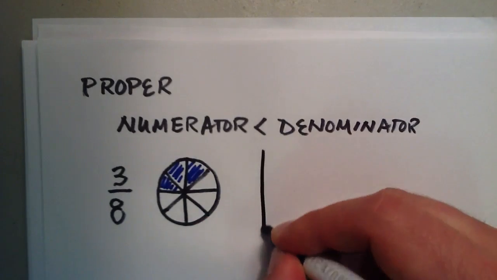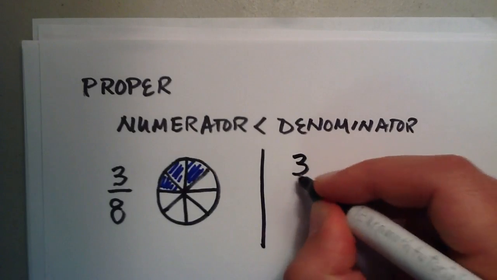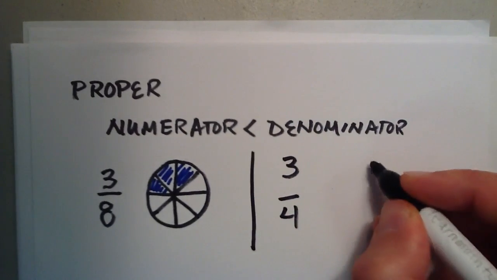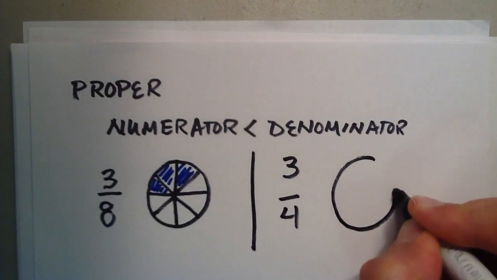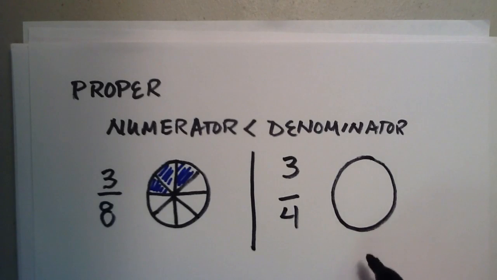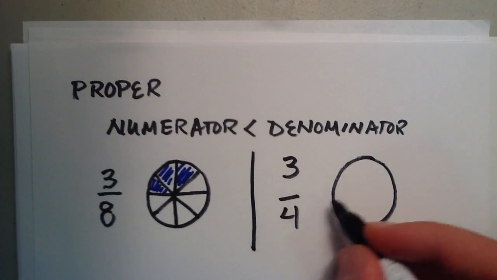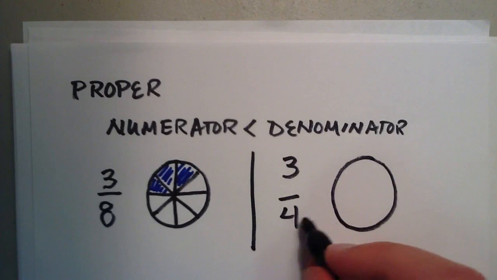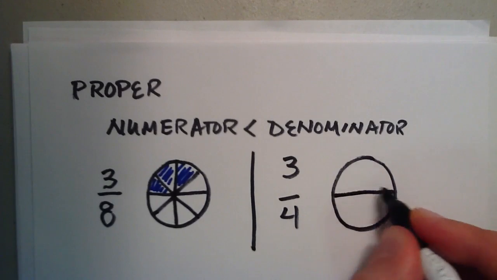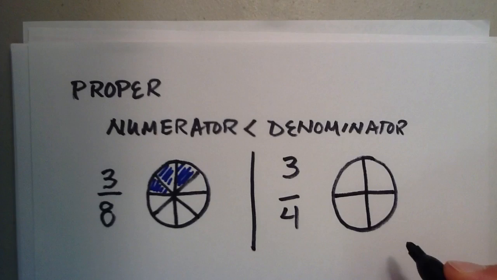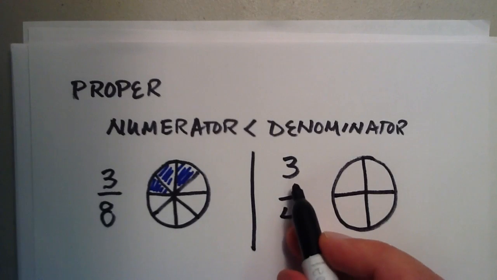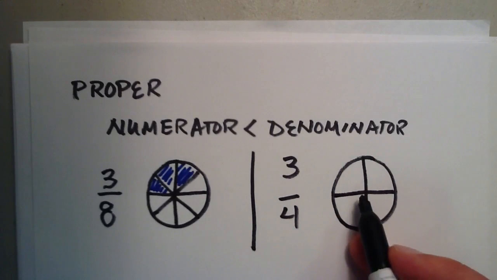So let's look at a different one. Let's say 3/4. Here is our unit, and we're just going to consider this to have the value 1. Now, the denominator in this case is 4, so this unit is broken into 4 parts. And the top number once again is 3, meaning that we have 3 of those parts.